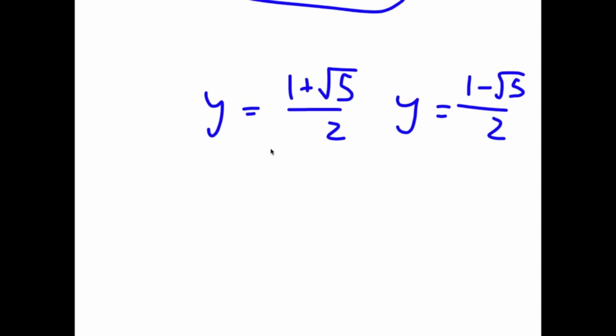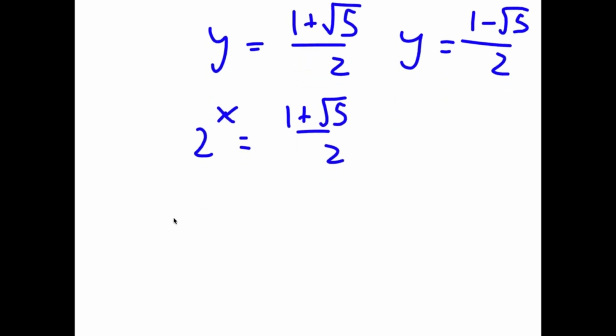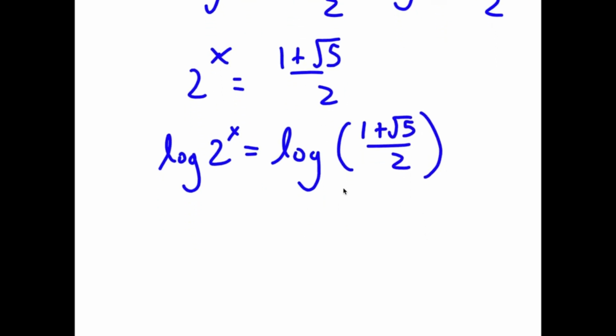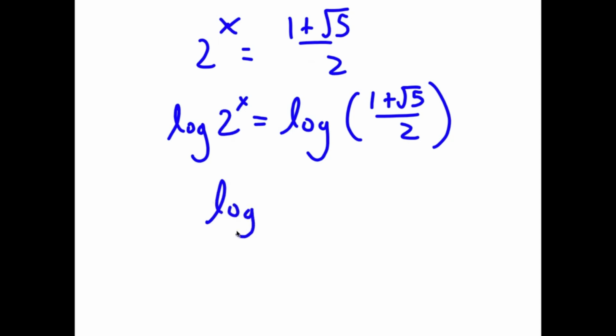So for y equals 1 plus the square root of 5 over 2, I have 2 to the power of x is equal to 1 plus the square root of 5 over 2. And if I take the log on both sides, I have log 2 to the power of x is equal to log of 1 plus the square root of 5 over 2. If I have something in the form log a to the power of b, I can move my exponent to the front, so this is equal to b times log a.